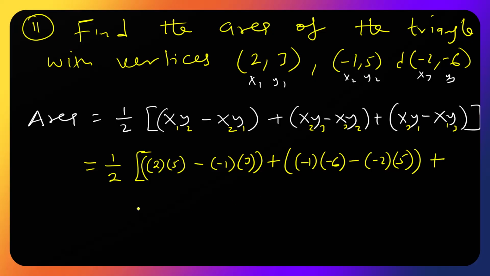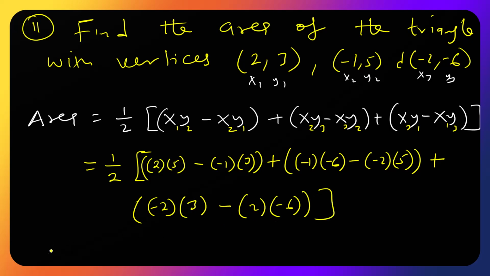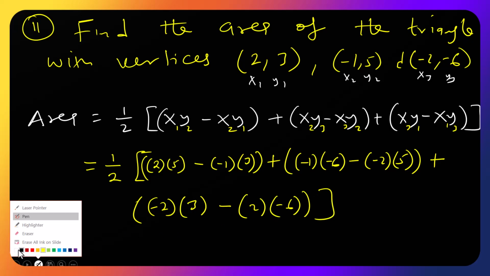Let's look at the last set. x3 is minus 2, y1 is 3, and then x1 is 2, y3 is minus 6. So we are done with the sets, 3 sets.